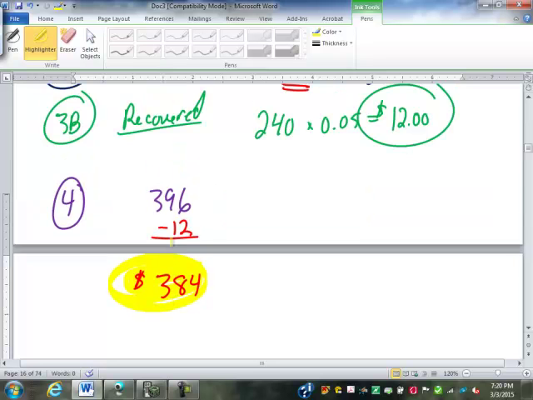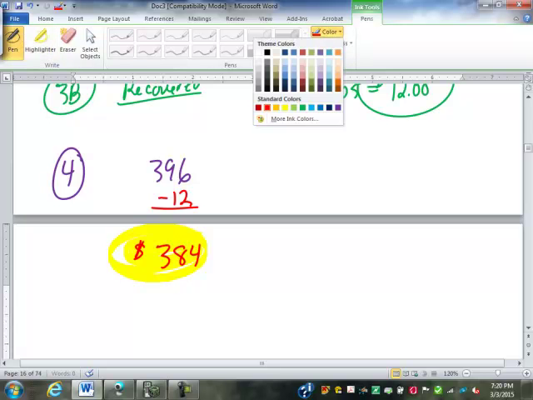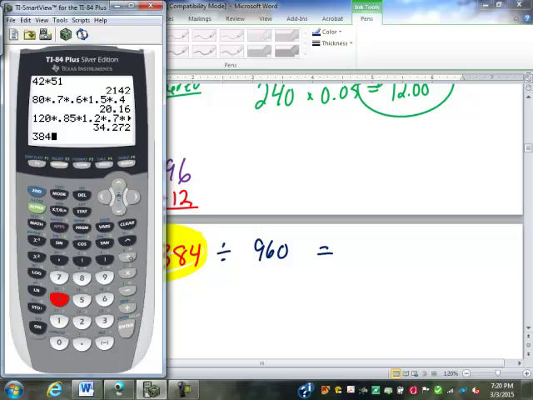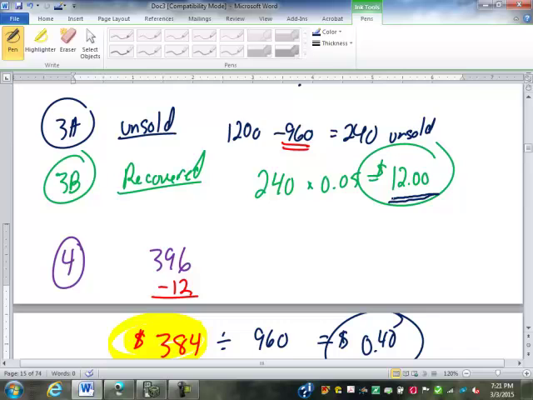Now we do the last step, which is to divide that by the 960 cookies that are sold to get 40 cents per cookie. So you have to take out the amount that you recover from the spoiled cookies before you divide it up to figure out what to charge for the good cookies. That's $12 for all 240 of the spoiled cookies. It's almost not even worth the bookkeeping to do it, but you have to.